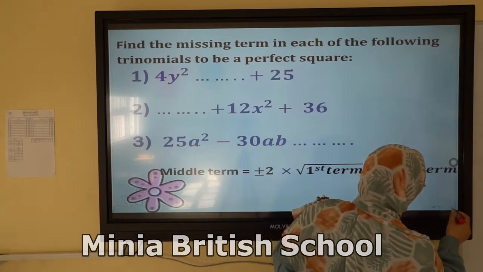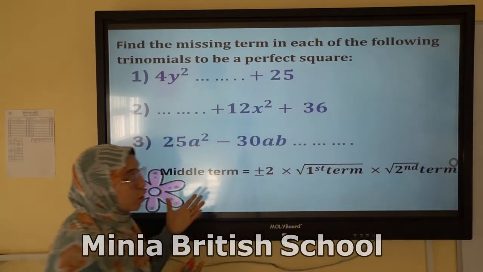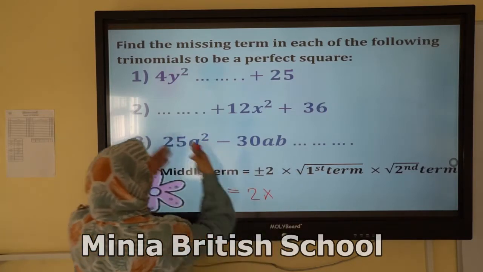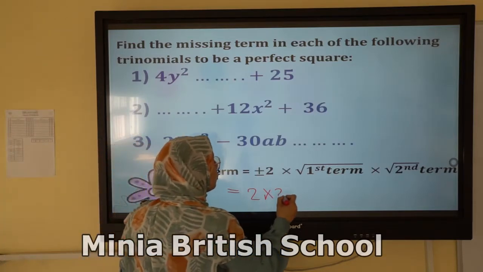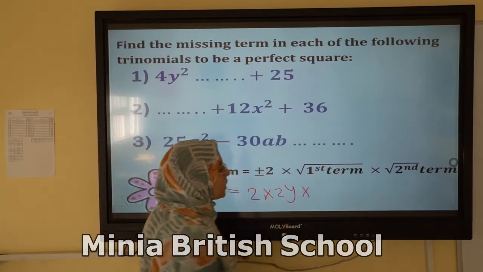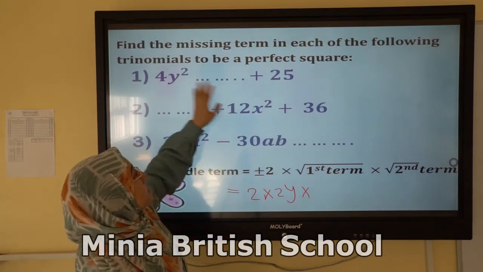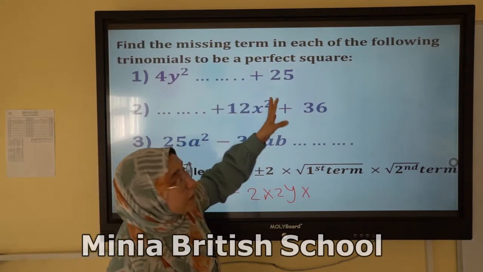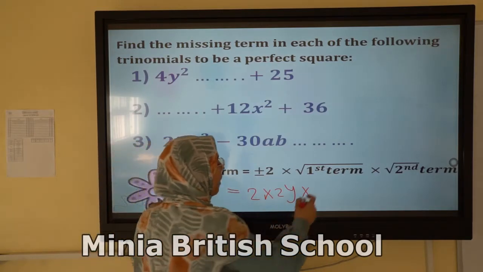Now, like this rule. So 2 times the square root of the first term, 4y power 2, the square root of it is 2y, times what? The square root of the third term, 25. The square root of 25 equals 5.